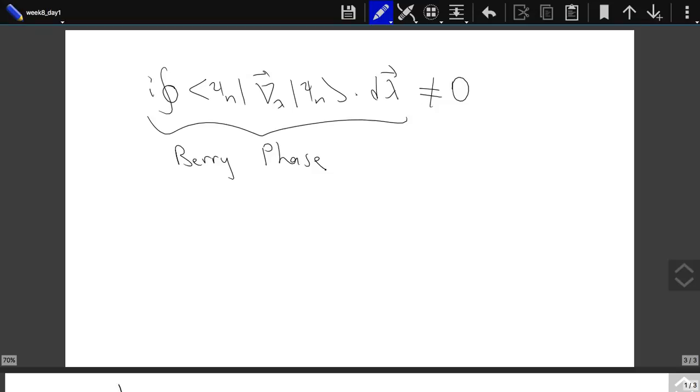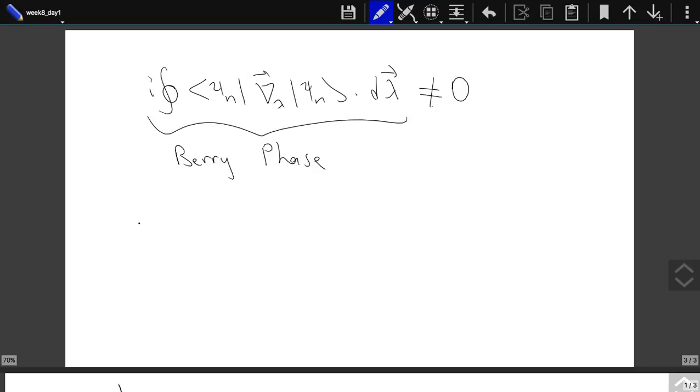And in fact, there is one more thing that we can do. We can just use, I think it's the Stokes theorem on integrals. You can just think of this as a line integral over a closed path. We can convert a line integral to an area surface integral.